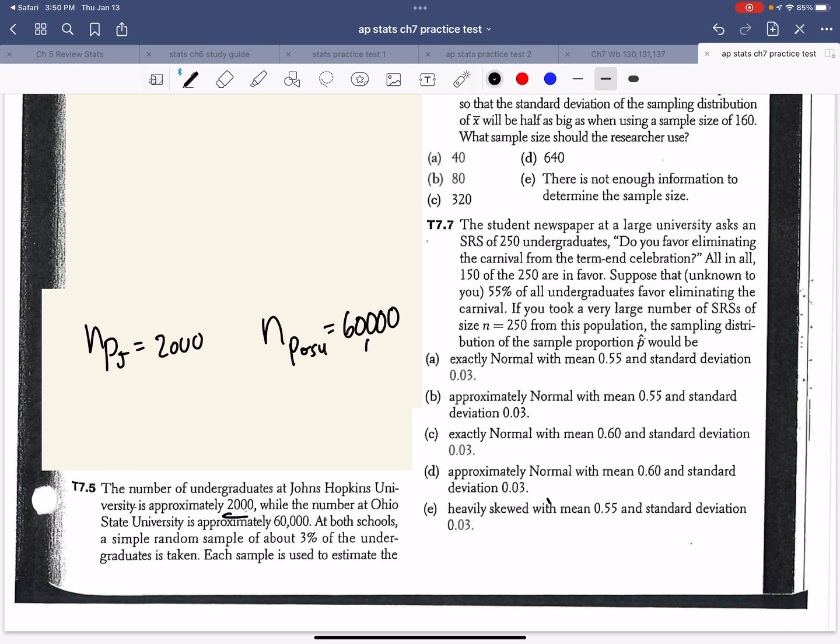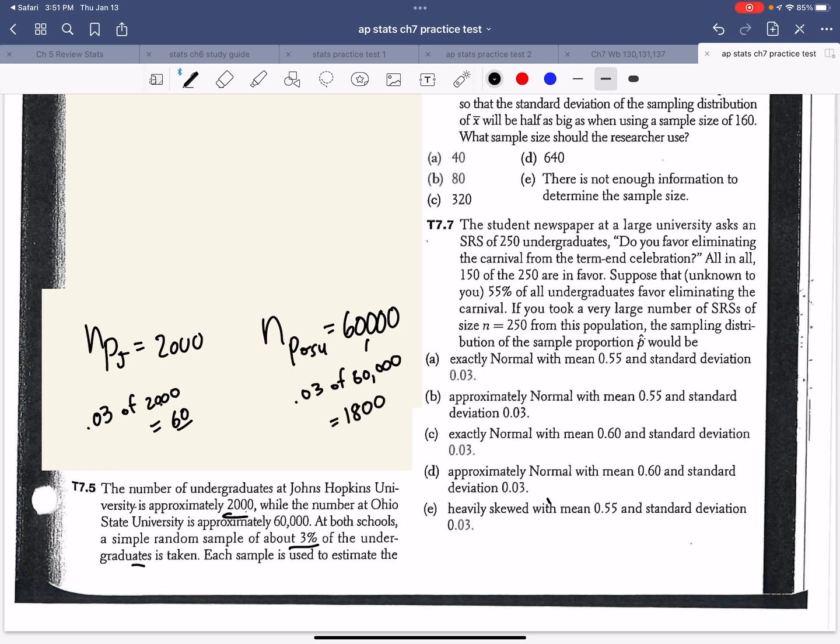At both schools, a simple random sample of about 3% of the underclass was taken. So 3% of 2,000 and 3% of 60,000. So that'd be 60 people, and this would be 600 times 3.